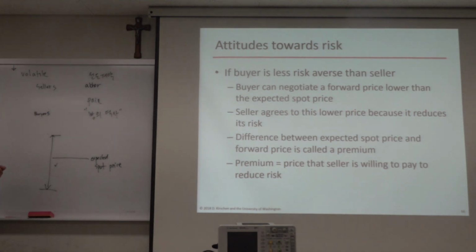So what is the meaning of a risk averse seller? The price can be this much, that much, but the seller agrees on this price. That means the spot price may be this much, and he doesn't want to go with that price.